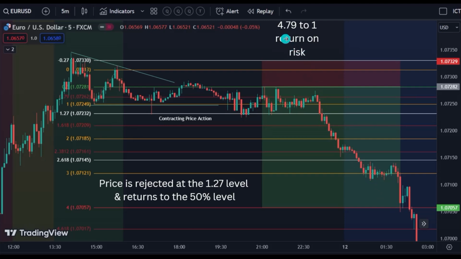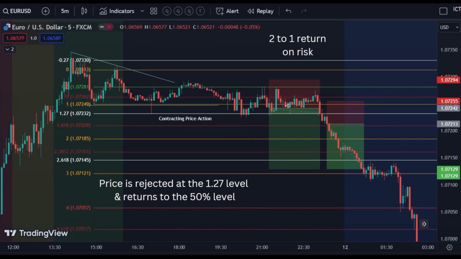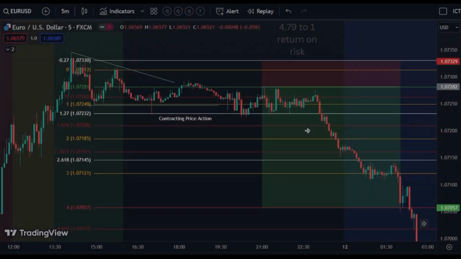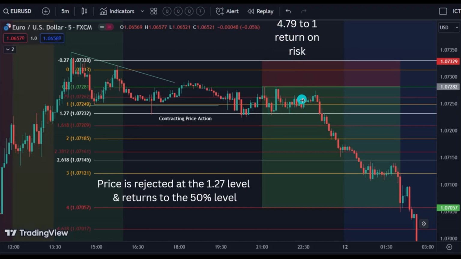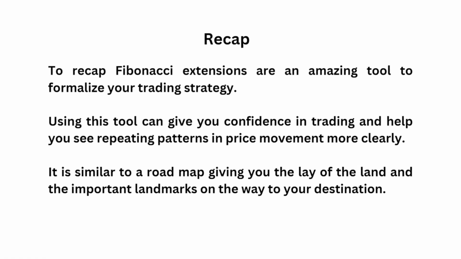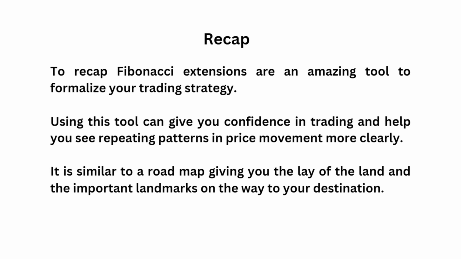This is a 4.79 to 1 return on risk, whereas this trade was a 2 to 1 return on risk. And even if you took a second trade, you still would have had 4 to 1, and here you have 4.79 to 1. To recap, Fibonacci extensions are an amazing tool to formalize your trading strategy.